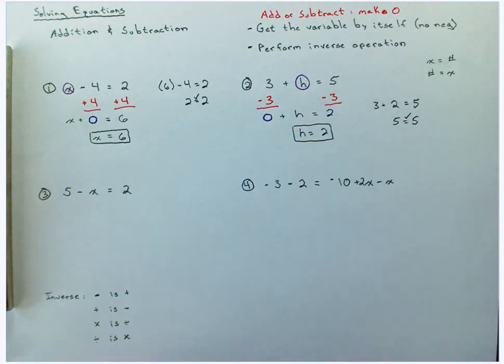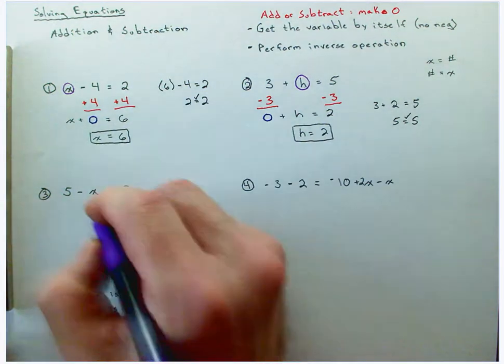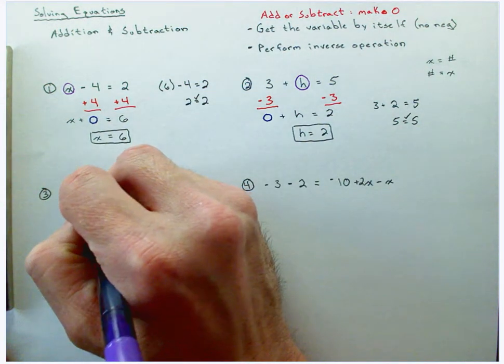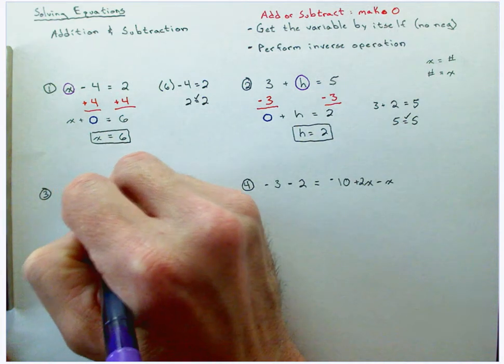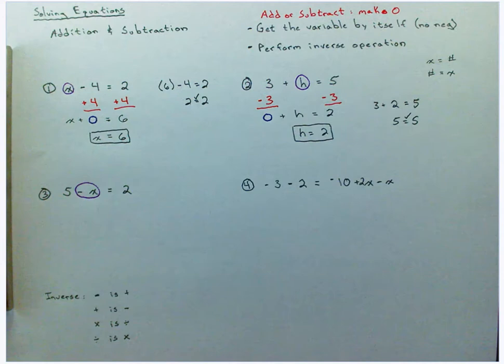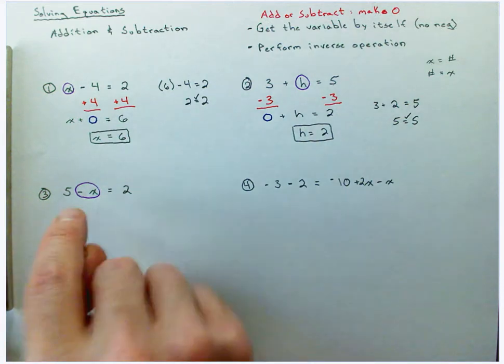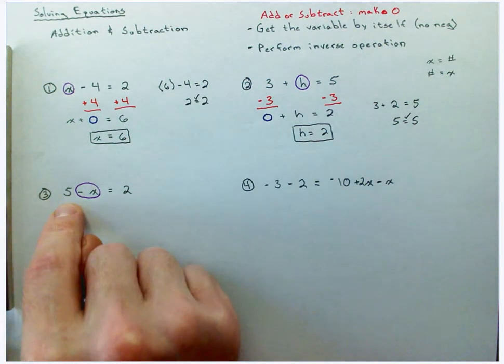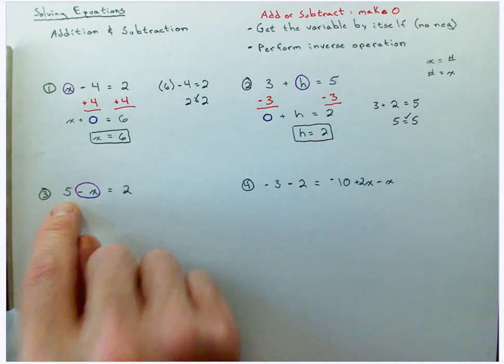Alright, so what I want to do is get the variable by itself. But what I should notice, guess what's with that variable? A negative sign. I don't care what a negative x is. I want to know what x is. That's okay. We'll be able to take care of that. I'll show you. I look and say, what number is with my x? A 5.